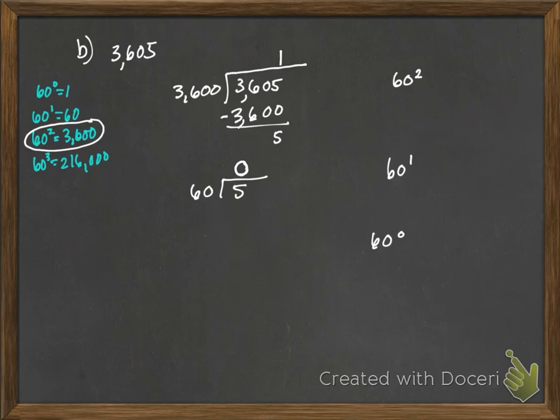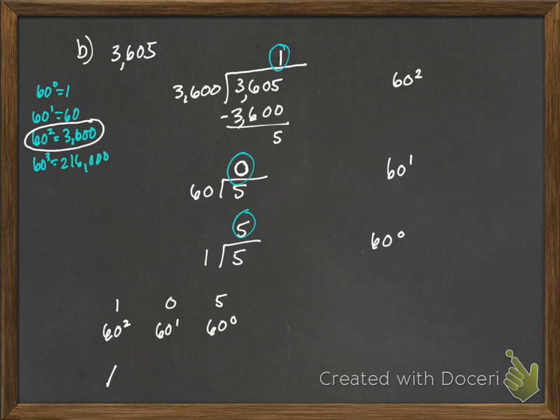So my remainder is 5 again, and 1 goes into 5 five times. Now I have to represent 1, 0, and 5: the 1 is 60 to the second, the 0 is 60 to the first, and the 5 is 60 to the 0 power.